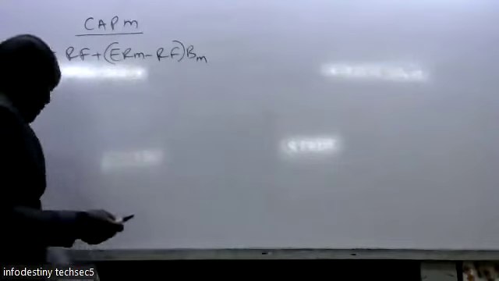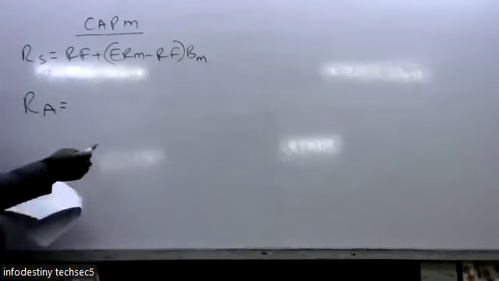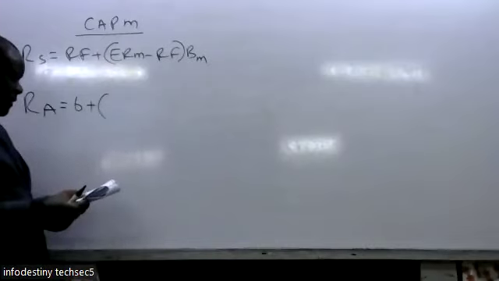So we start by computing the return of A. We start off by calculating the return for share A. Risk-free rate, they have said it is 6%. Then we add expected return for the market.